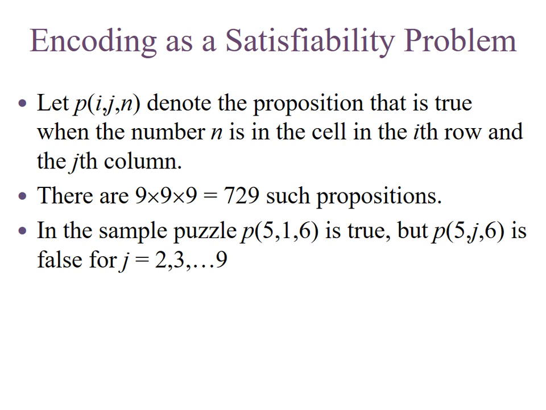We call that a proposition because for the position ij, what number should we insert into that position? For example, the position 1, 1, and we put the number 6. Is the proposition true for 1, 1, 6? We don't know because we haven't solved this problem yet.